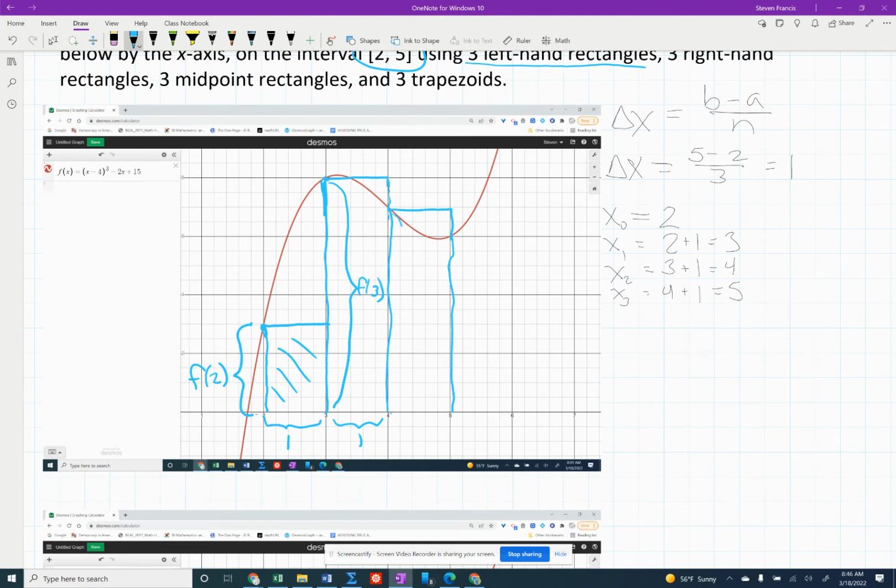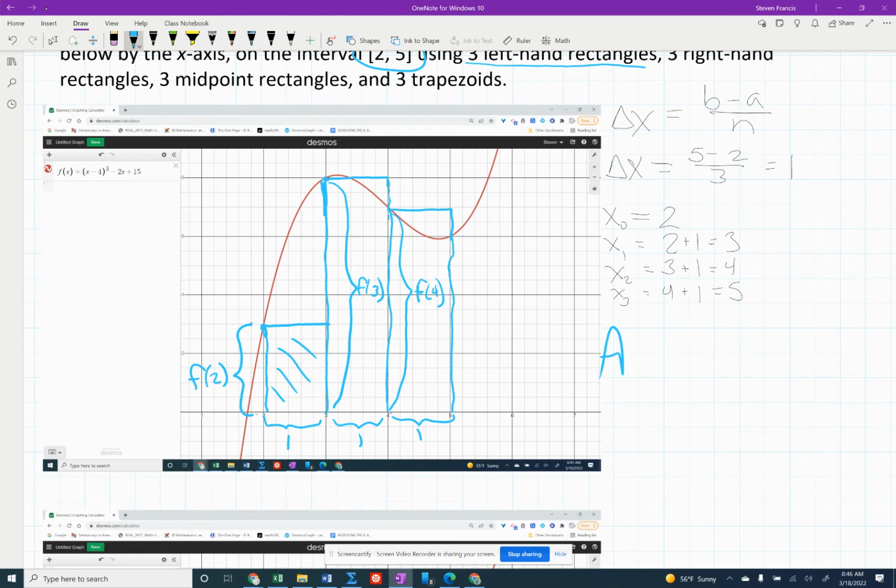And then for the third rectangle, I'm going to do the same thing. I'm going to plug in the left endpoint, which on the last subinterval is 4. I'm going to plug that into the function f, take that y coordinate that comes out, the output of f of 4, multiply it by 1, and then I'm going to add those 3 values together, and I'll get the area using left-hand endpoints.